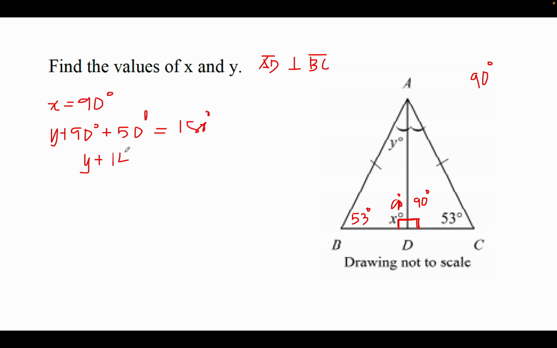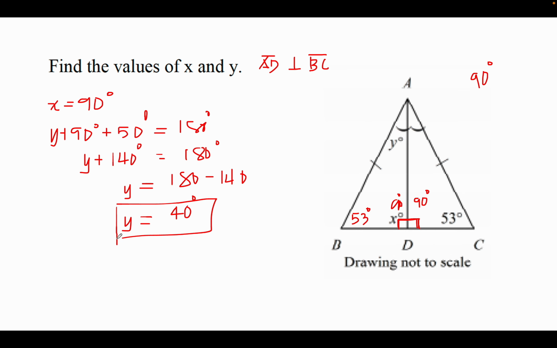So we have 140 degrees, which is equal to 180 degrees. Then, to solve for y, transpose to the right. Then 180 minus 140, so we have 40 degrees. So therefore, y is equal to 40 degrees.